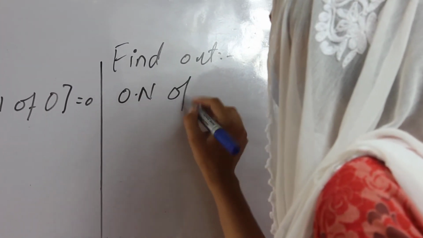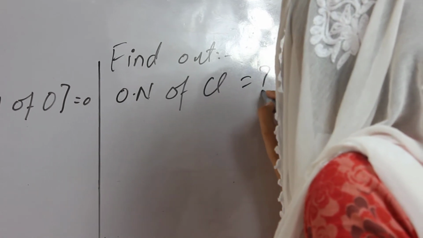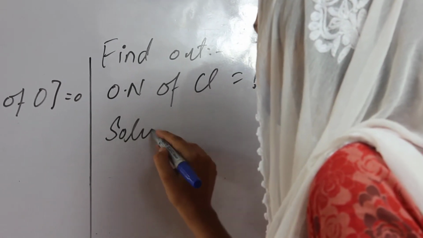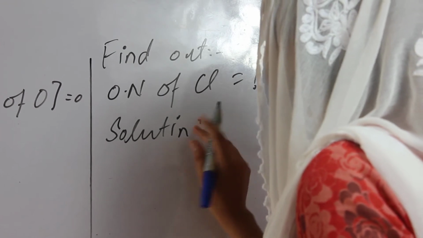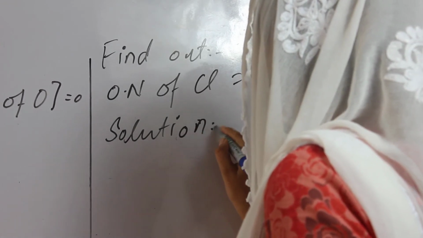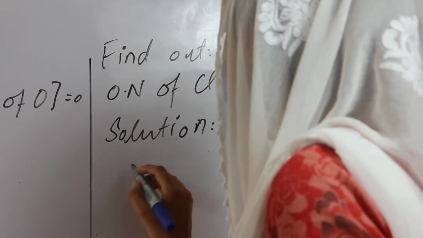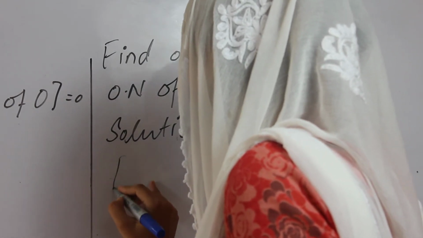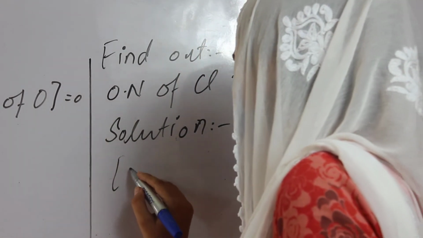Solution: again apply rule number 7, that is the sum of the oxidation numbers of all elements.